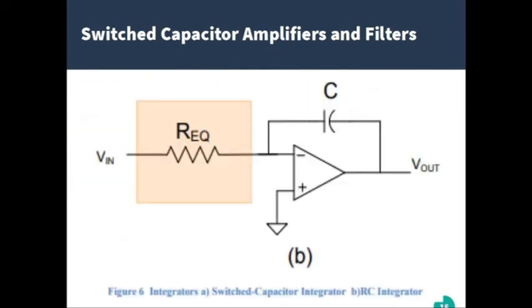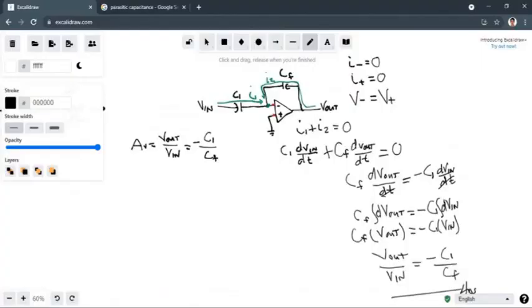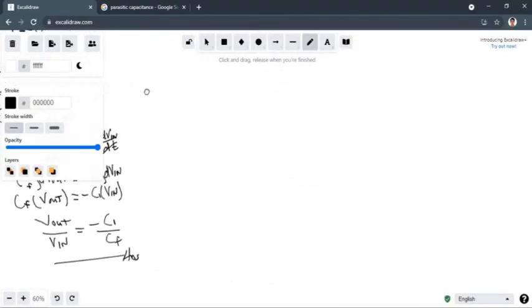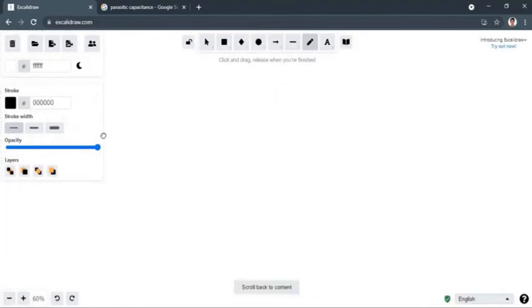If you want to remember a little bit about this RC integrator, we will not derive this one, it will take us a long time again, but I'll just help you remember.